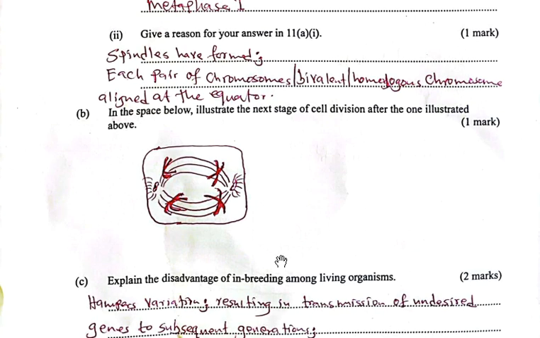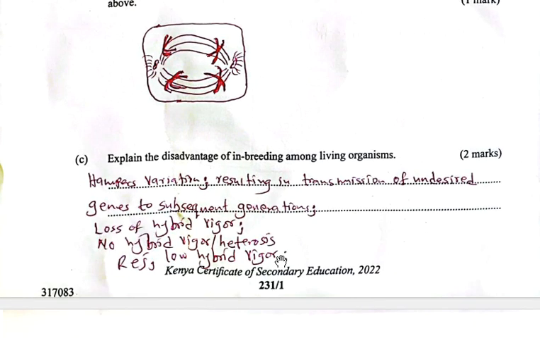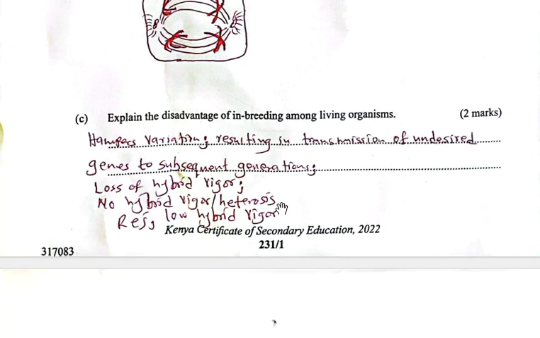Explain the disadvantage of inbreeding among living organisms. Inbreeding involves crossing closely related organisms of the same family, and this hampers variation, resulting in transmission of undesired genes to subsequent generations.